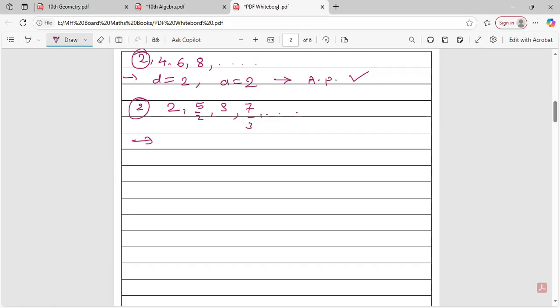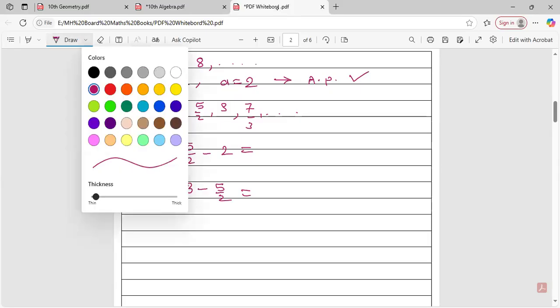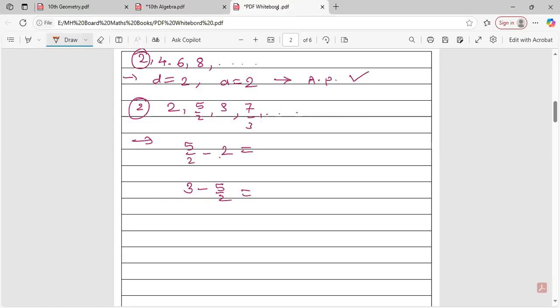We'll see A2 minus A1. How much is it? Then A3 minus A2. How much is it? Find it out. How will you find it? The denominator is 1 here and here also it is 1, so you need to follow this operation.